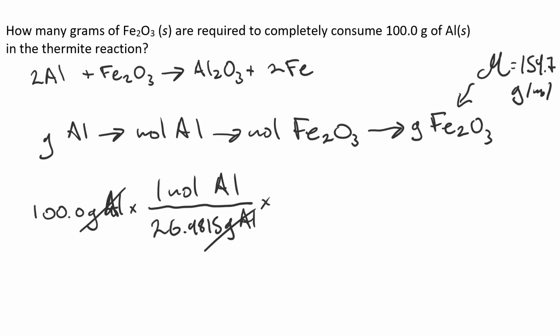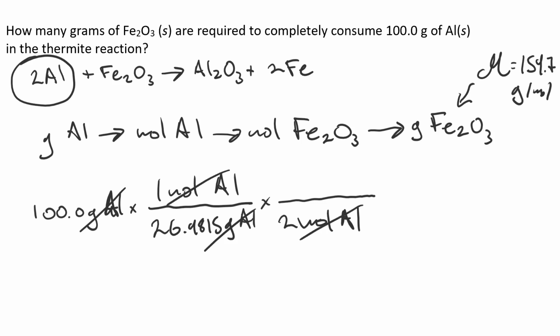Now we're going from moles of aluminum to moles of iron oxide. So to get rid of moles of aluminum, we put aluminum in the denominator, and we have 2 moles of aluminum as our coefficient in the balanced equation. Moles of aluminum cancels, and there's 1 mole of Fe2O3 in our balanced equation.